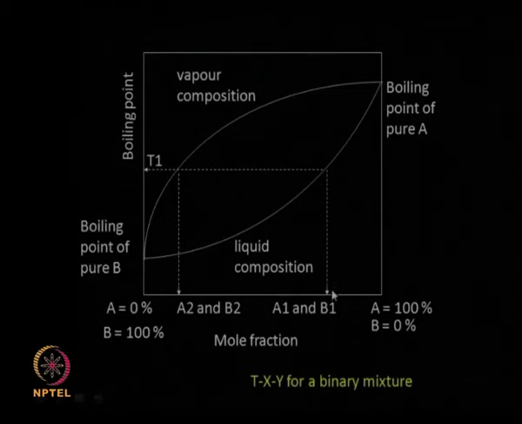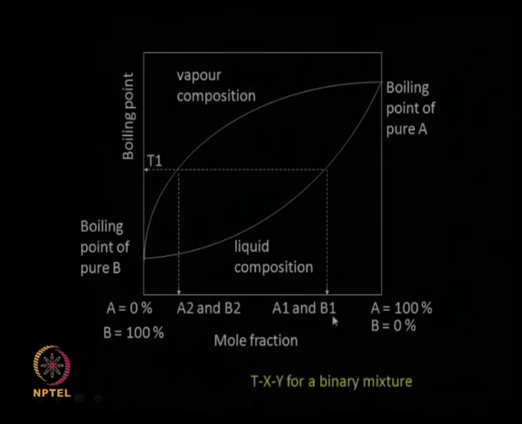So what does this mean? At a temperature T1 the vapor will have A2% of the species A and B2% of species B, whereas the liquid will have A1% of species A and B1% of species B.